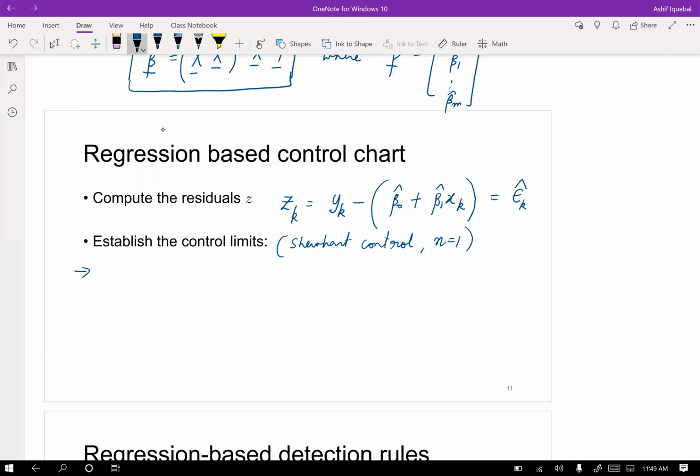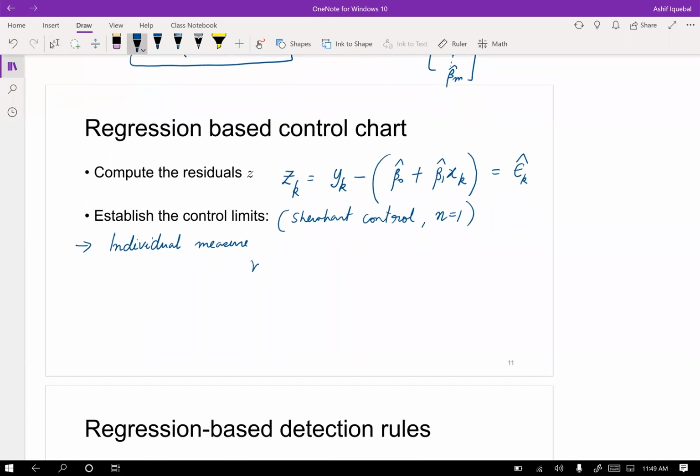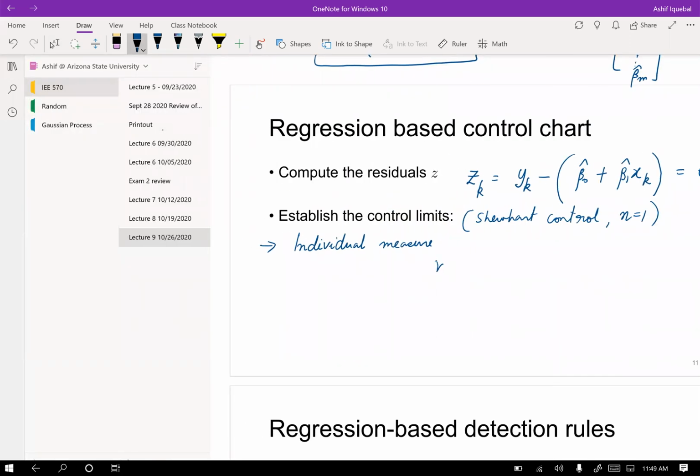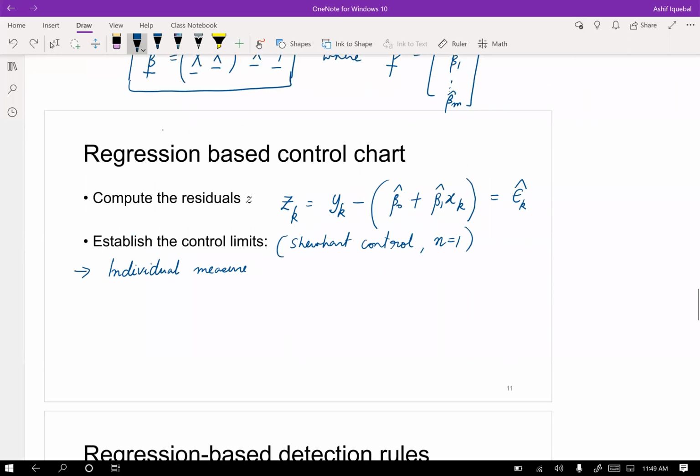If n equals 1, we construct an individual measurement control chart using moving range. Remember the MR chart that we did in the exam as well as in lecture 5.